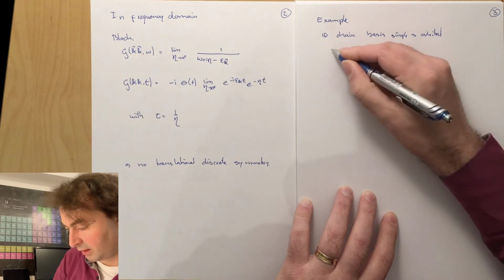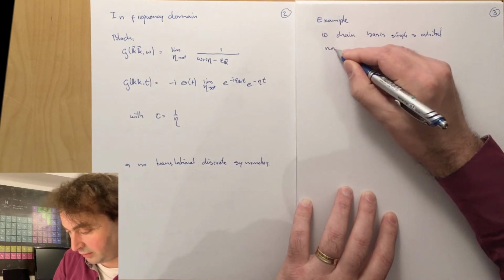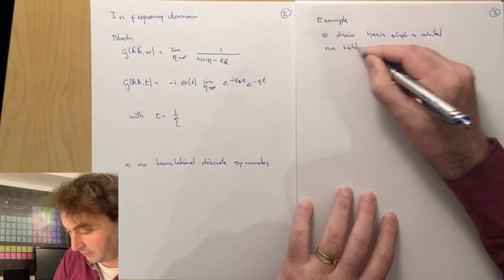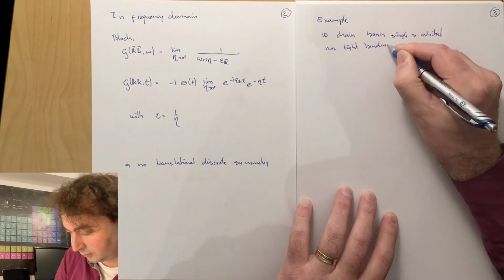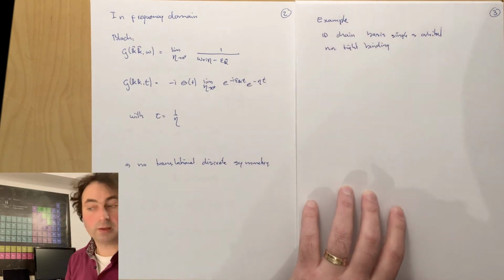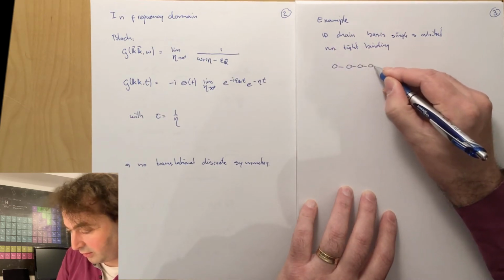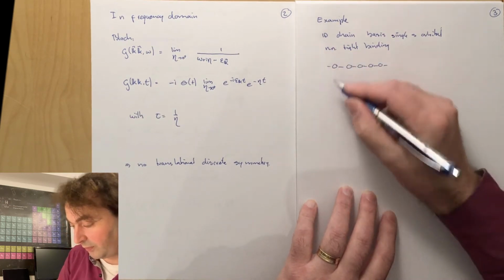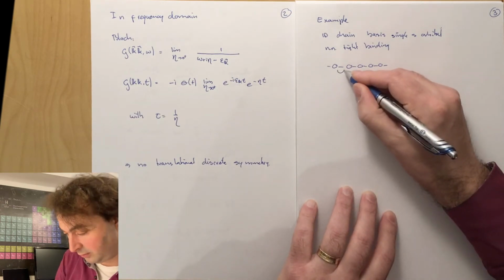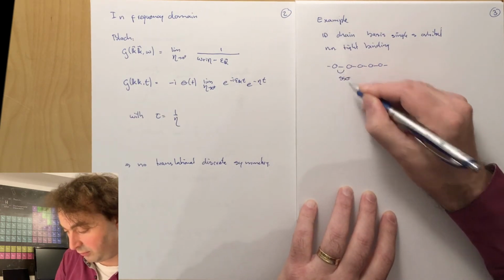And we take nearest neighbor tight binding. And as said before, these are not really necessary conditions. The only reason to do so is to make the math less involved.